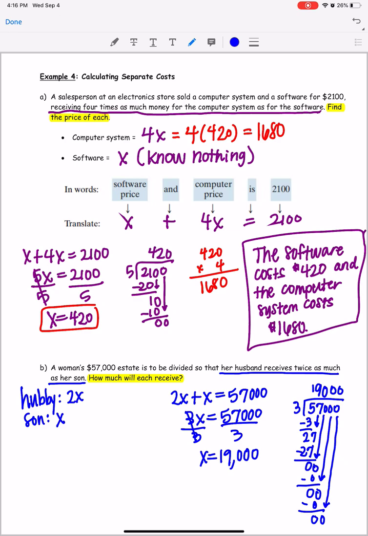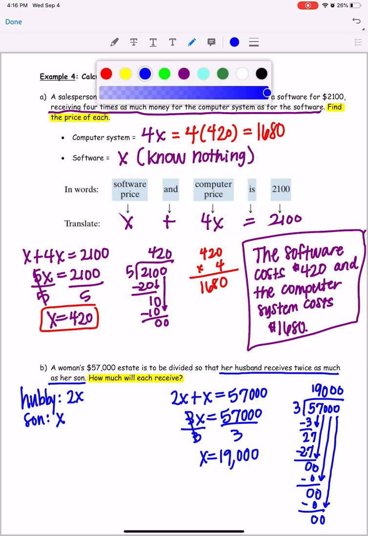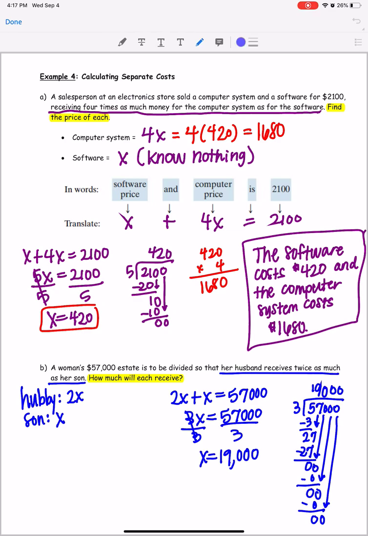How much will each of these people receive? So the son is easy. Son is X. The X is 19,000. Husband, on the other hand, needs to be twice. Needs to be 2 times this 19,000.